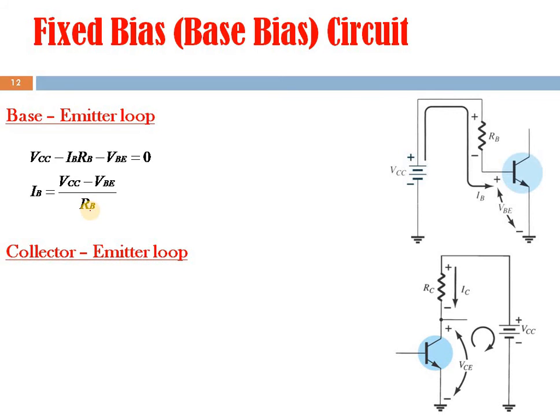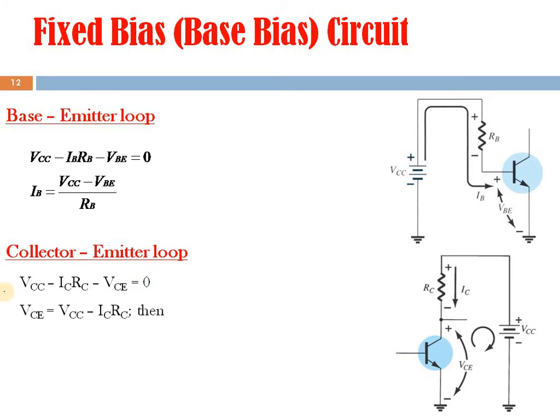If we apply Kirchhoff's voltage law at the output side of this circuit, it gives VCC minus IC into RC, the voltage drop here, minus the collector emitter voltage VCE of this transistor, and the net voltage is 0.